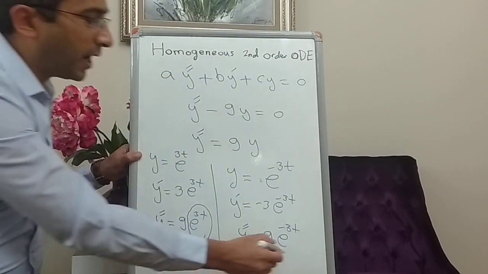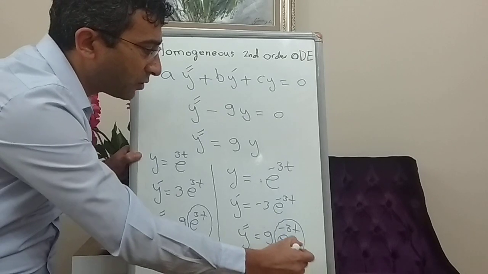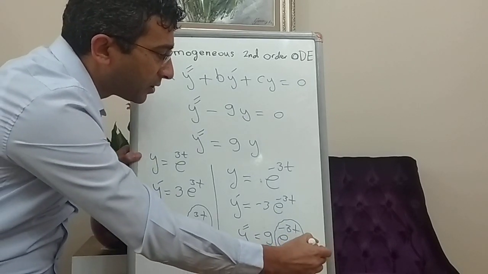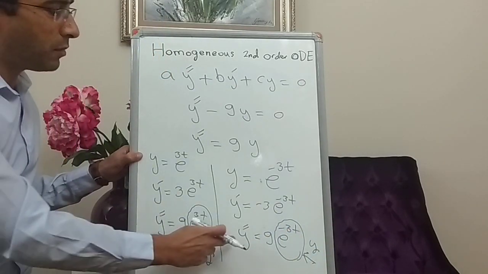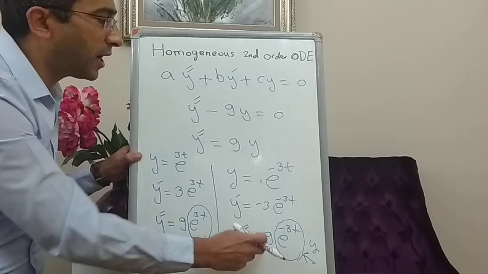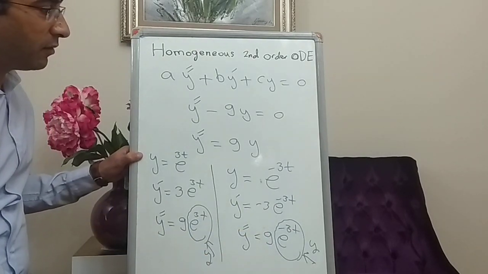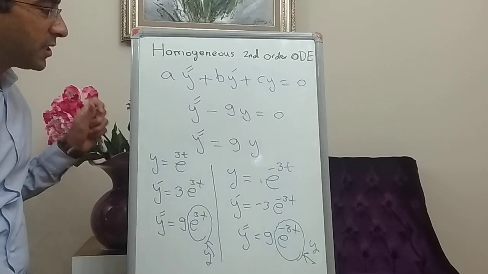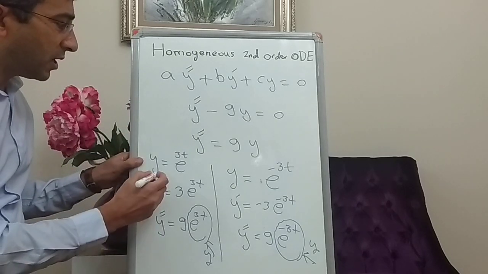So again this is your guess, this is your y, and again this is a solution. My second derivative is equal to 9 times the function itself. So in this case I have two solutions, two functions.